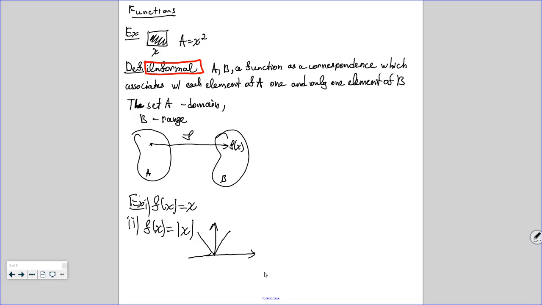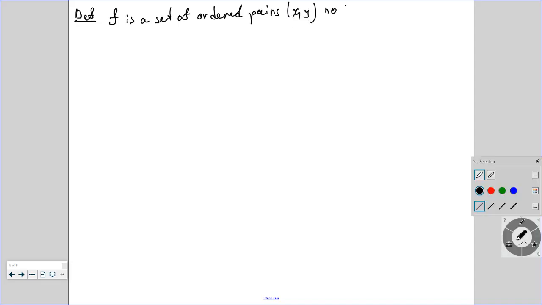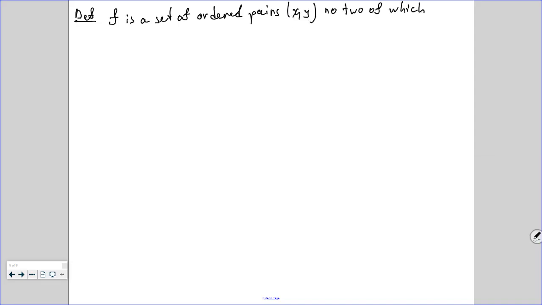So now let's define a function formally. A function f is a set of ordered pairs (x, y), no two of which have the same first member.